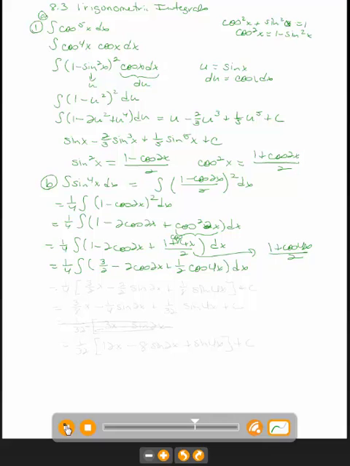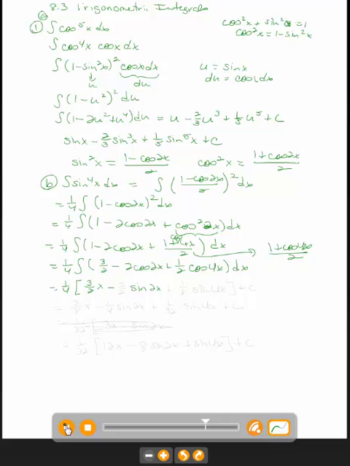Now I'm ready to integrate. So the 1/4 is just going to hang out. Integrating 3/2, you get 3/2 x. Then we get minus, okay, integrating the cosine is going to be the sine, but it's going to be 2 times the 1/2, because you have to take the derivative of it.